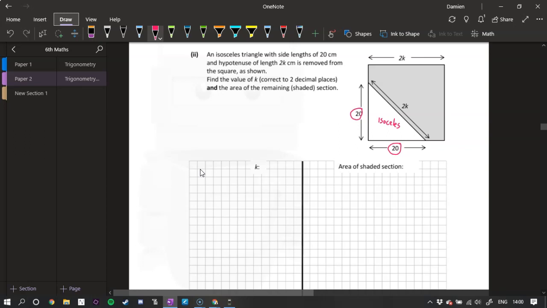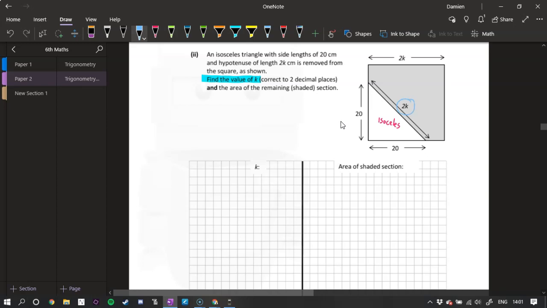As long as these two sides are the same, this is going to be an isosceles. When you're doing this question, it says the hypotenuse of length 2k is removed from the square, and it asks you to find the value of k. In order to find the value of k, you're going to have to find 2k first.